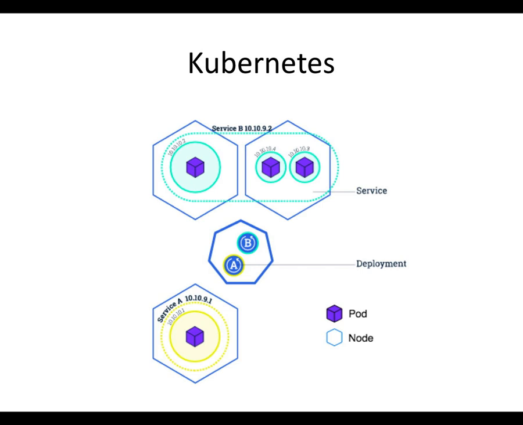And we can specify as part of our application deployment, we can specify services and expose a service. So here's service A. Service A is pointing at this one pod. And service B is using these 3 pods, is combining them together and exposing a service to the outside world.